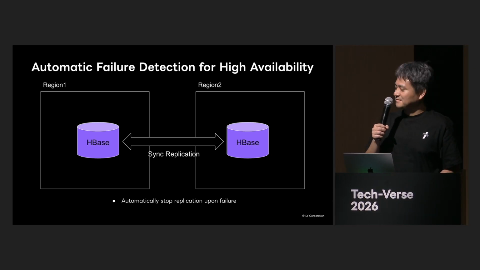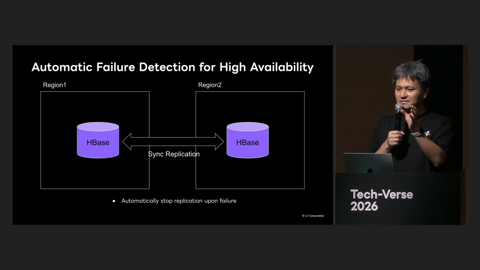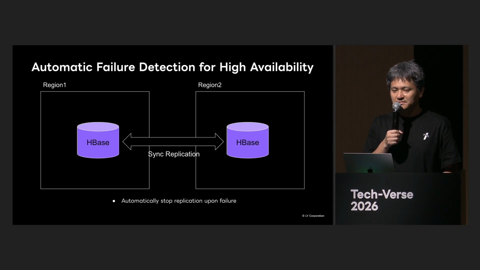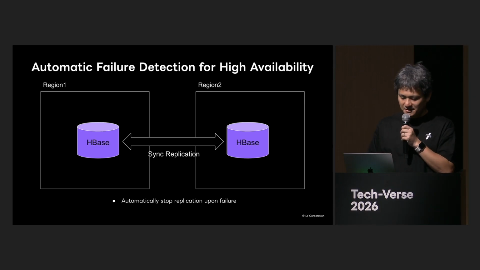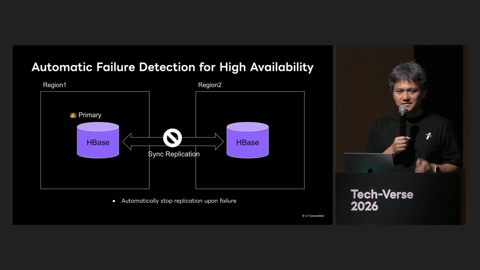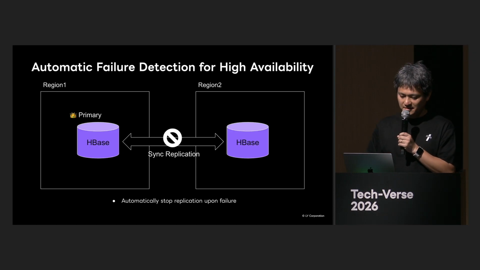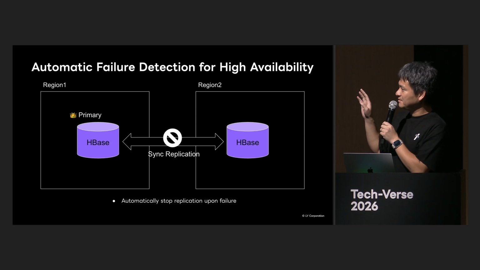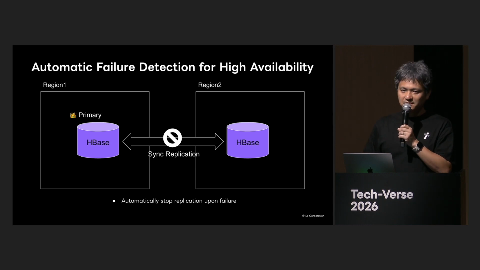So, what should we do? If we think about it naturally, when it's operating normally, we replicate with transactional locking, and if a failure occurs, we stop replication and provide services with the surviving region. I think so too. We are talking about active/active. This is where fault detection comes in.